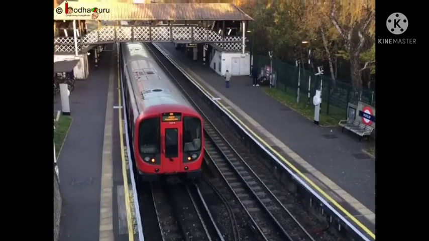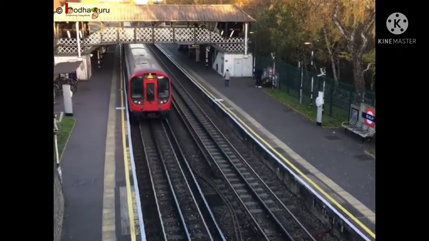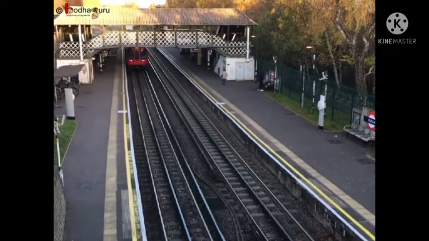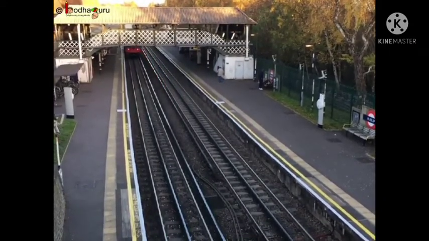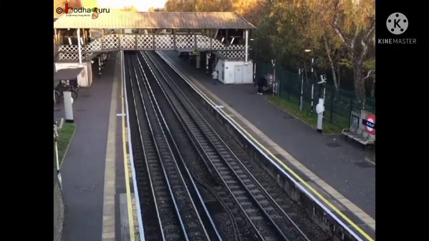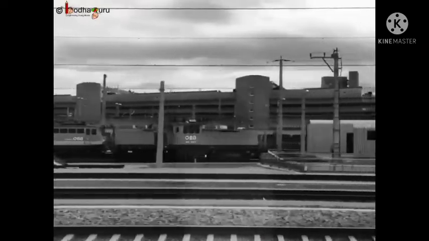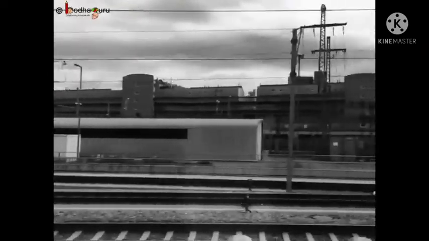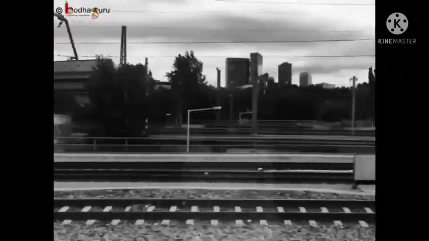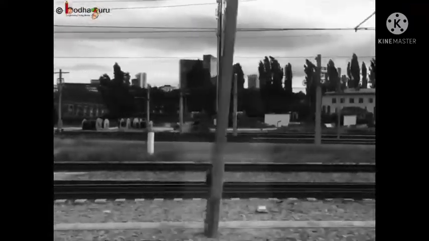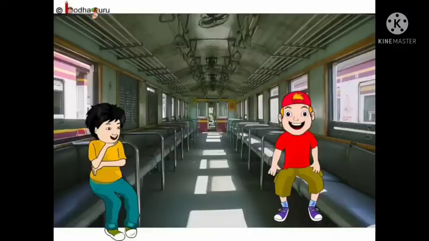Now you are in the train. The best example, in order to understand much better, now you are sitting on the train, my dear children. While the train is moving, you observe objects such as buildings, electric poles, trees, houses. It seems that when you are moving forward, they are moving in the backward direction.